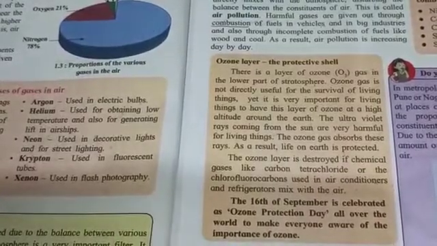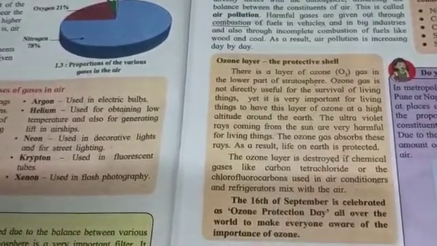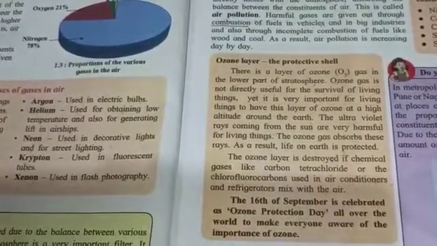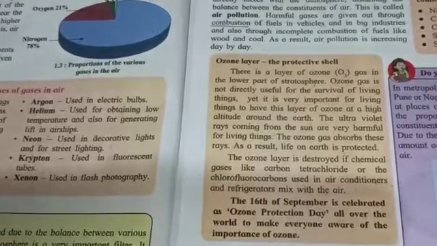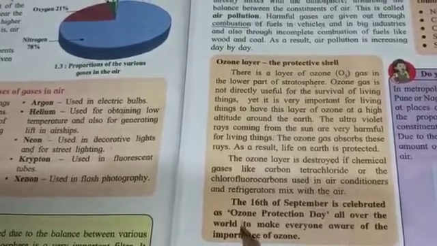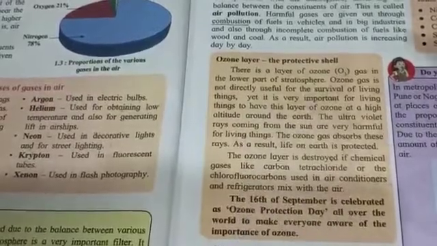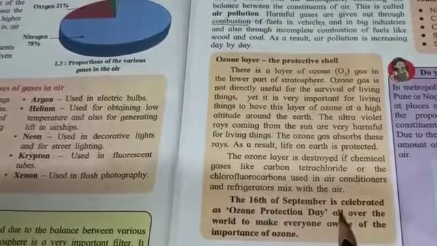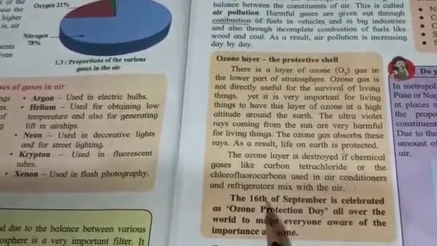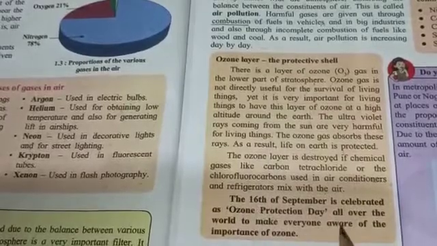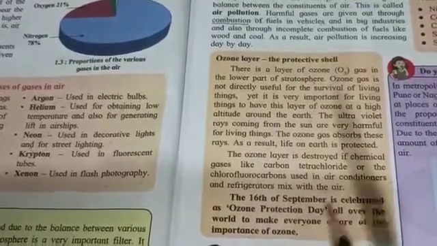If the ozone layer is destroyed, the harmful rays of the sun will directly come to the earth and it will affect the living life on the earth. So because the ozone layer is very important to us, the 16th of September is celebrated as Ozone Protection Day all over the world to make everyone aware of the importance of ozone.